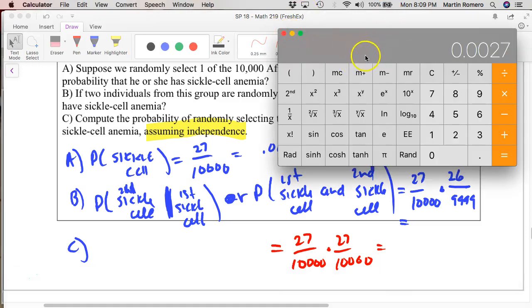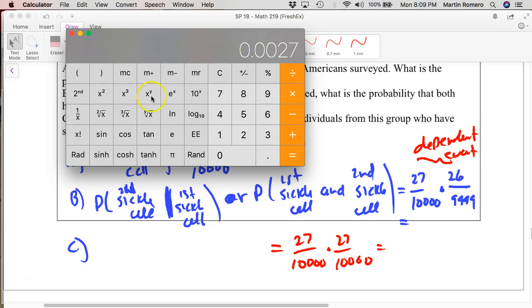And again, it's because of this independence. We're going to get, I need 27 times 26, and that's going to be divided by 10,000 times 9,999.